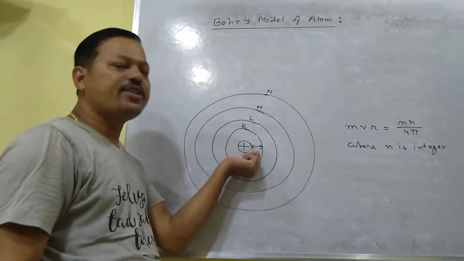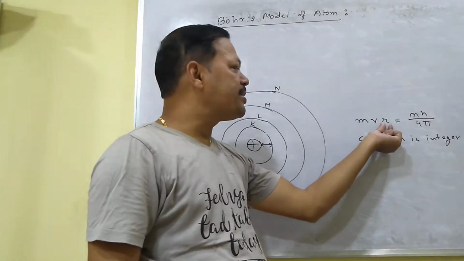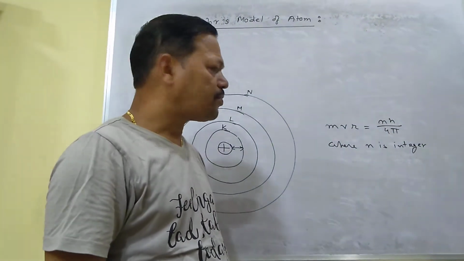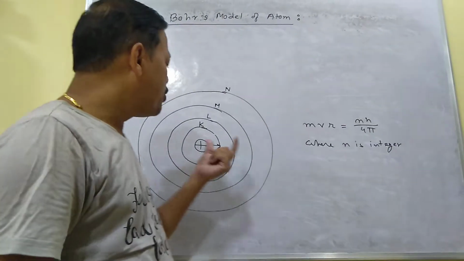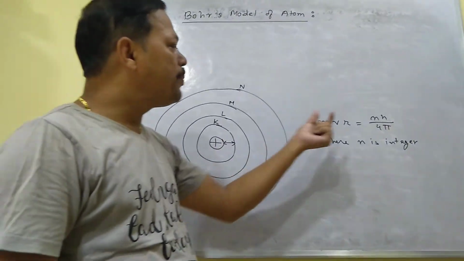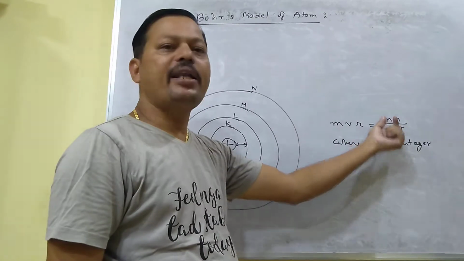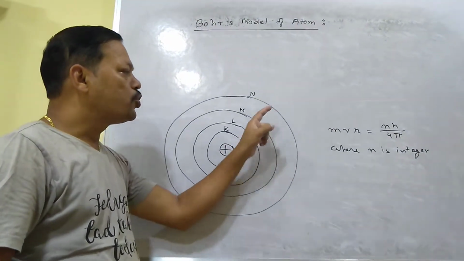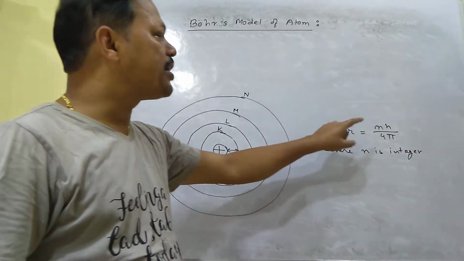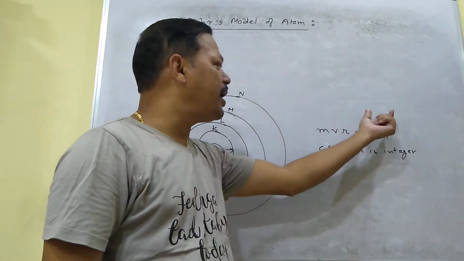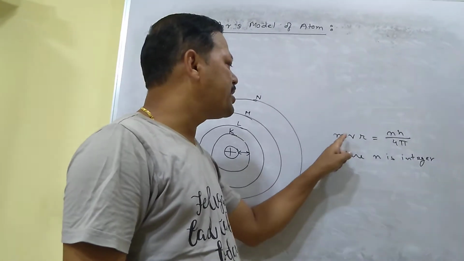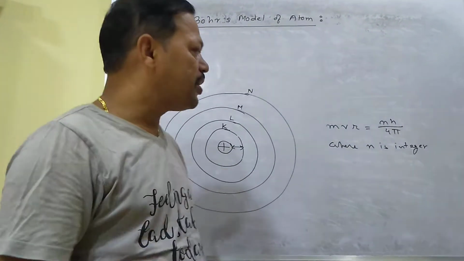If your radius is wrong, then you don't get an integer n value. So your radius must be the correct one. If the radius is correct, then you will get n as an integer. That is why every orbit should follow this angular momentum relationship mvr equals nh by 4 pi, where n should be an integer. Mass into velocity into radius gives the angular momentum.